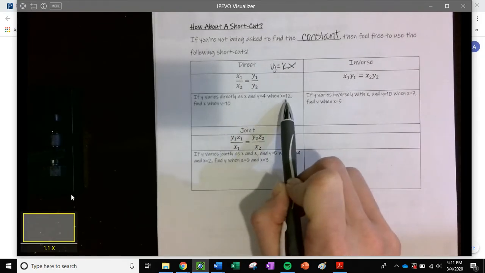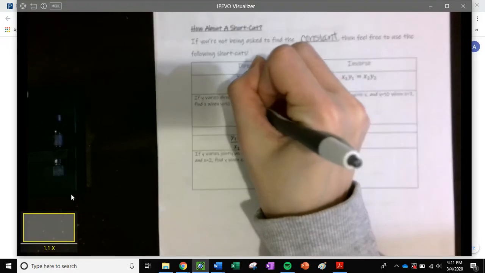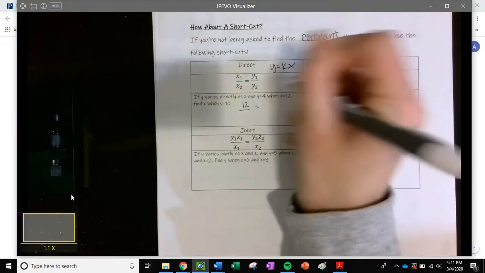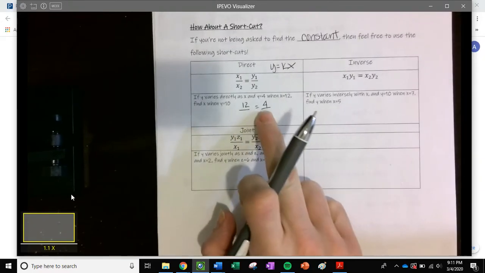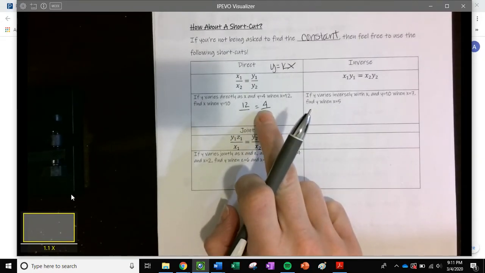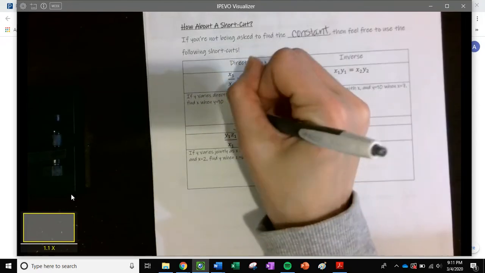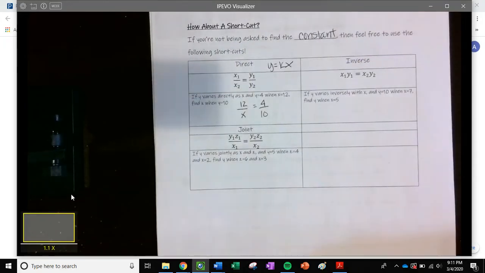So here's my first relationship. I know I'm going to have 12 on top and I'm going to have 4 on top. X is 12, y is 4. Find x when y is 10.